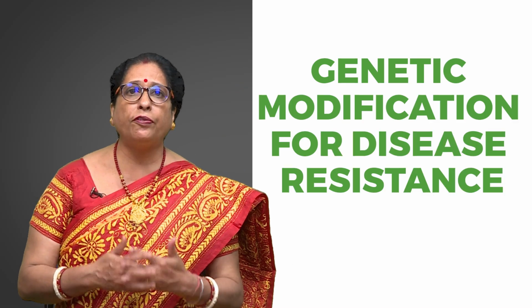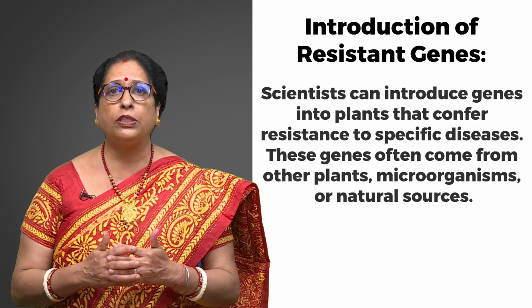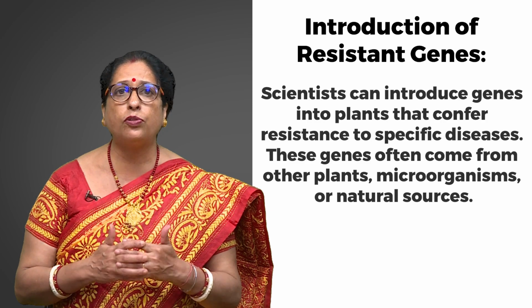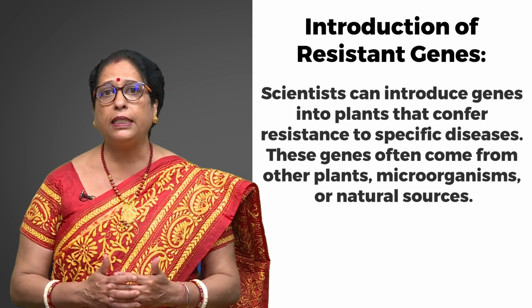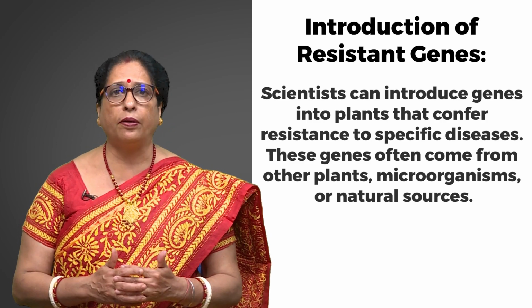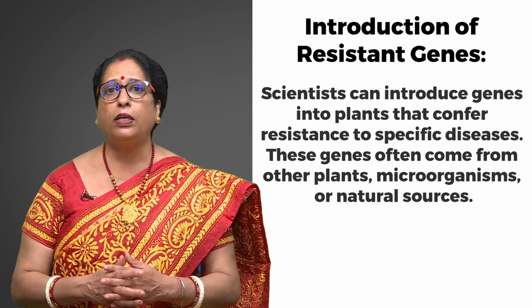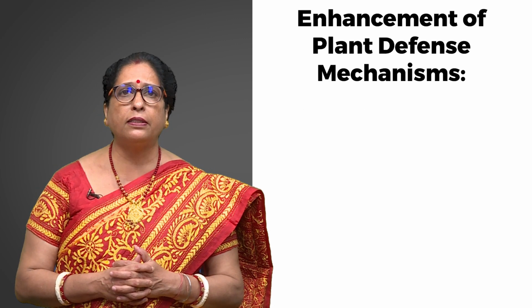So, genetic modification for disease resistance: scientists can introduce genes into plants that confer resistance to specific diseases. These genes often come from other plants, microorganisms or natural sources. Enhancement of plant defense.